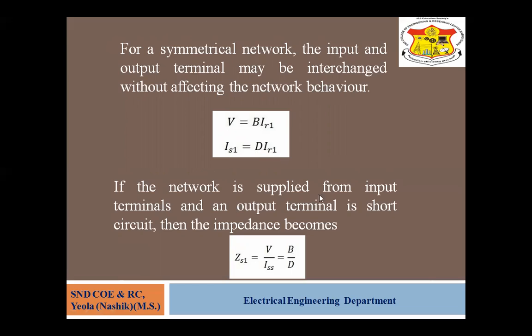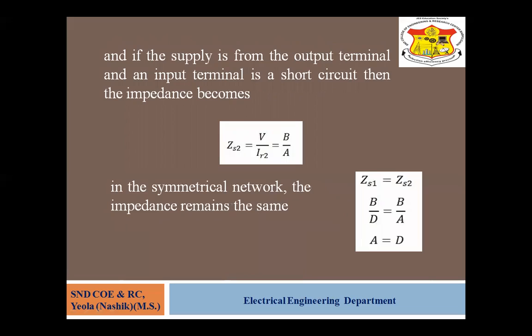If the network is supplied at the input terminal and the output terminal is short circuited, then the impedance ZS1 is equal to V by IS1, which is equal to B by D. And if the supply is from the output terminal and the input terminal is short circuited, then the impedance ZS2 is equal to V by IR2, which is B by A.